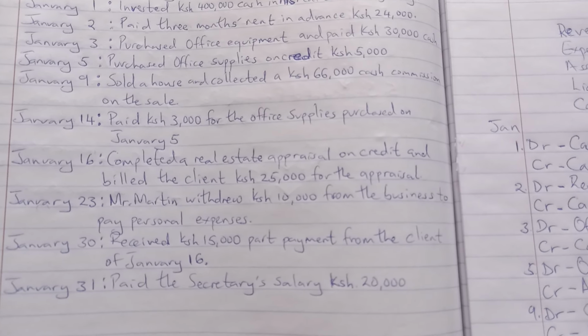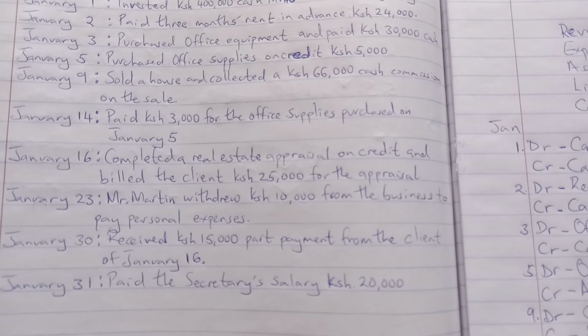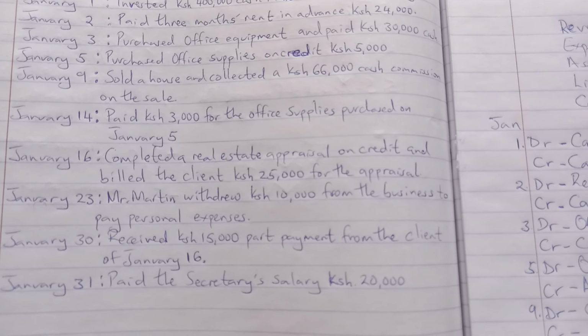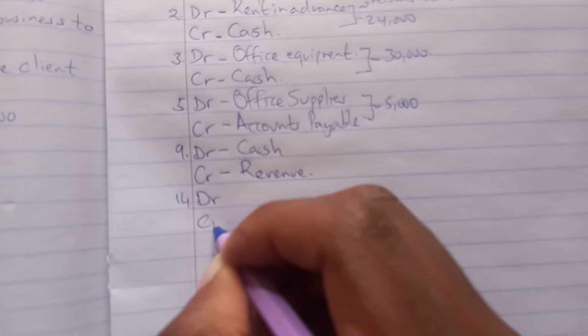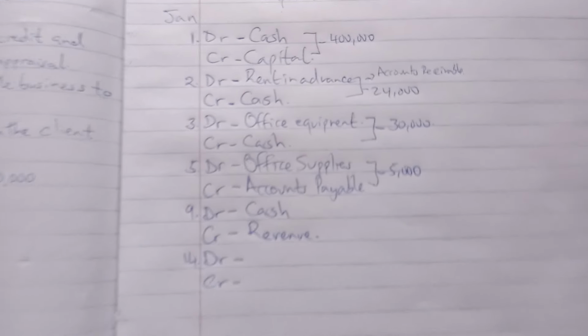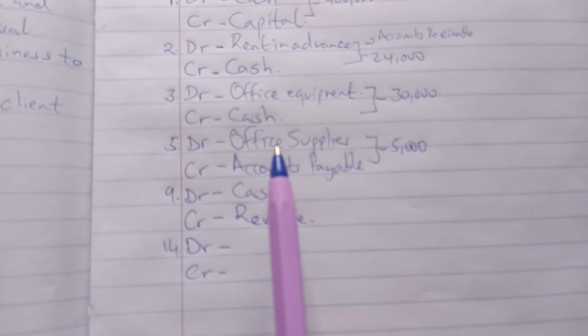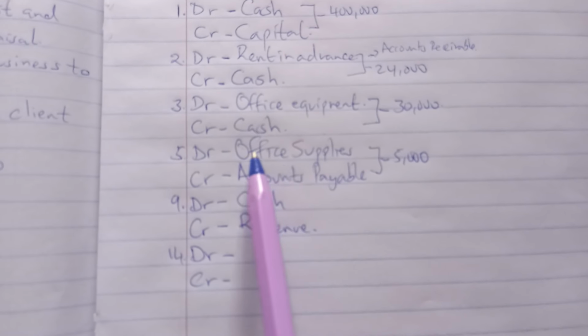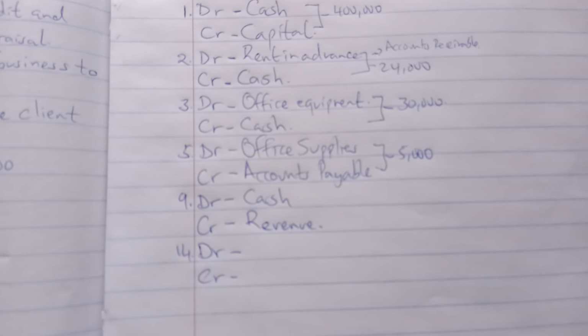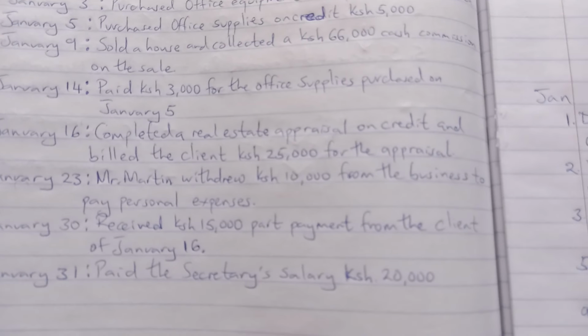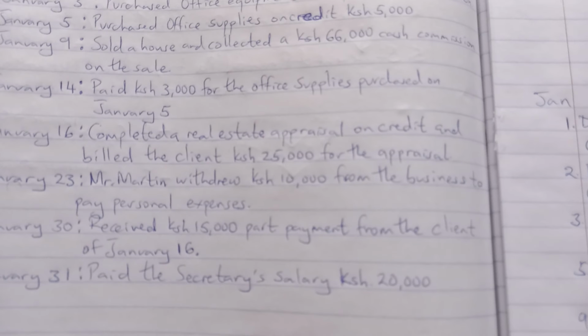January 14th, paid 3,000 for the office supplies purchased on January 5th. So if you look at January 5th, we bought office supplies, but we bought them on credit. Okay, but now on date 14, we are paying 3,000.